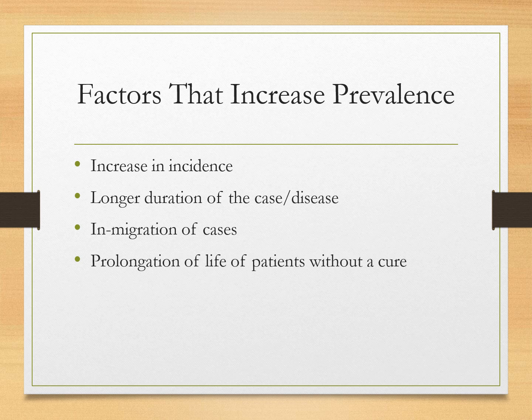Additionally, in-migration of people moving into that population, where individuals with the condition move into the population, adds to the total number of cases. Lastly, the prolongation of life in patients without a cure due to advancements in medical care extends the time they are counted as prevalent cases, further increasing the prevalence rate.